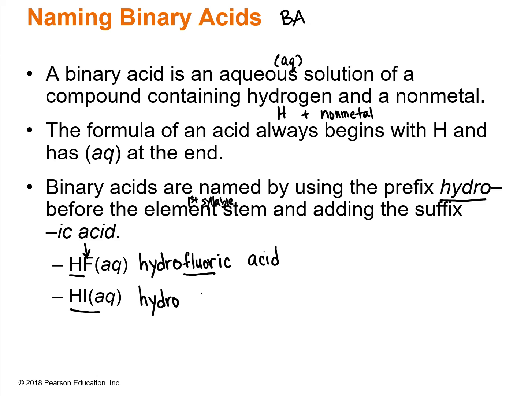Start with the hydro. It's iodine, so we're going to keep the iode and add IC. And don't forget the word acid, because if you just give me the first word, that's not the complete name.